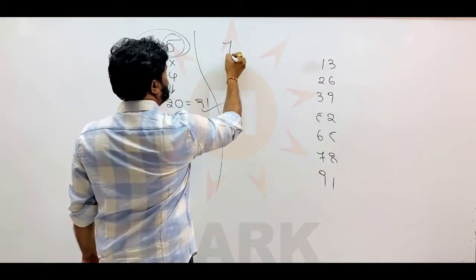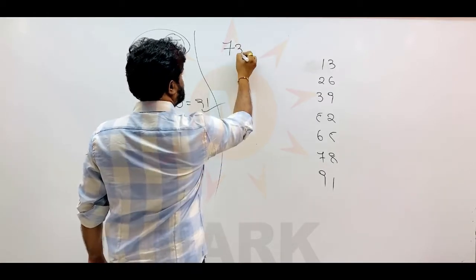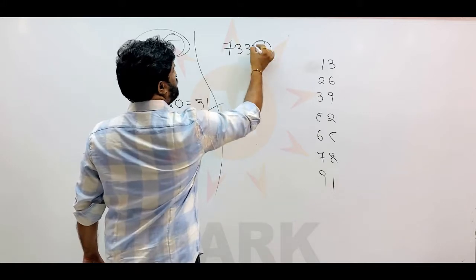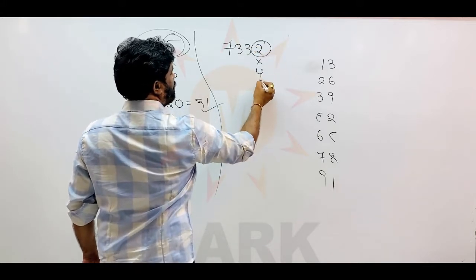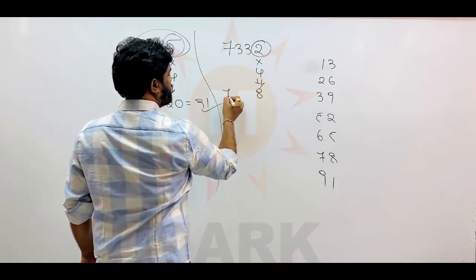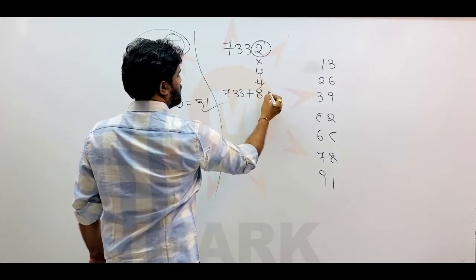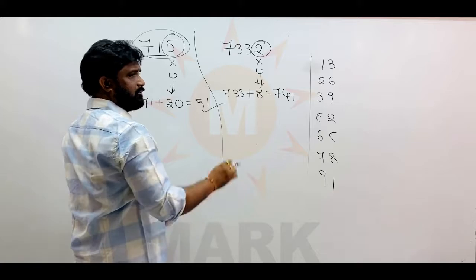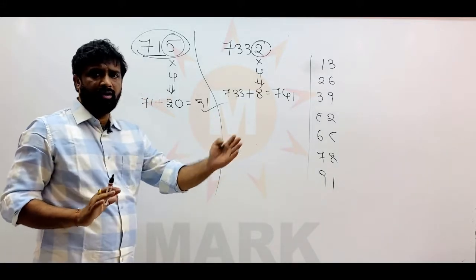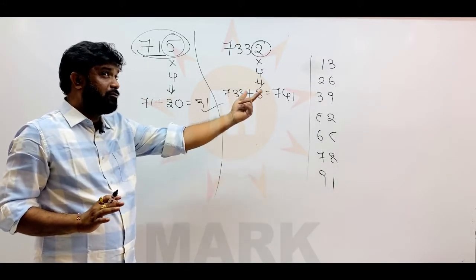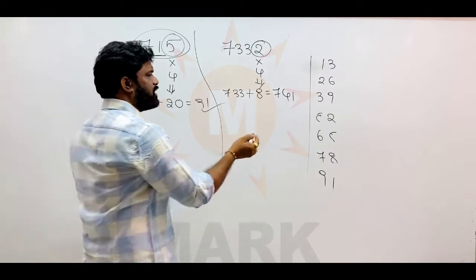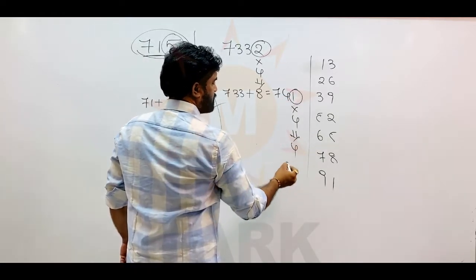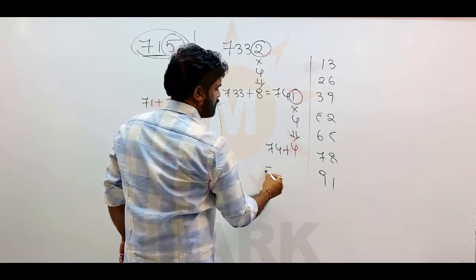Now we will take another number, 7332. I am multiplying 2 with 4, and I get 8. So I add 733 plus 8, that is 741. Suppose you are not able to decide whether 741 is a multiple of 13 or not, you can continue this process. 1 into 4 is 4. So 74 plus 4 is equal to 78.